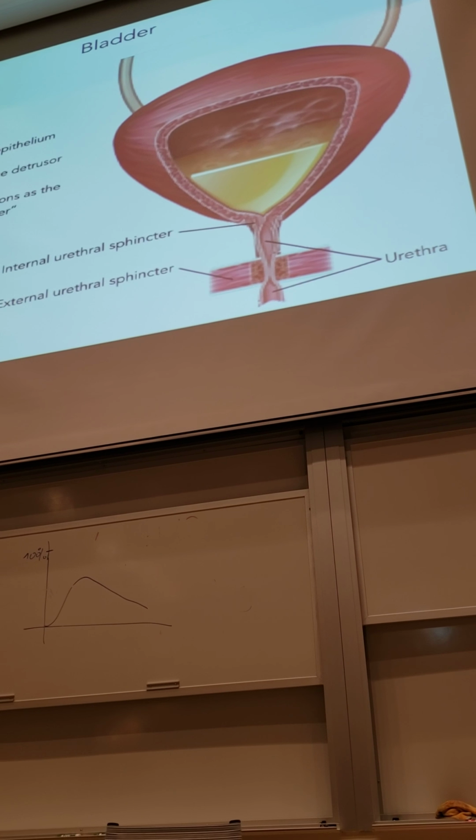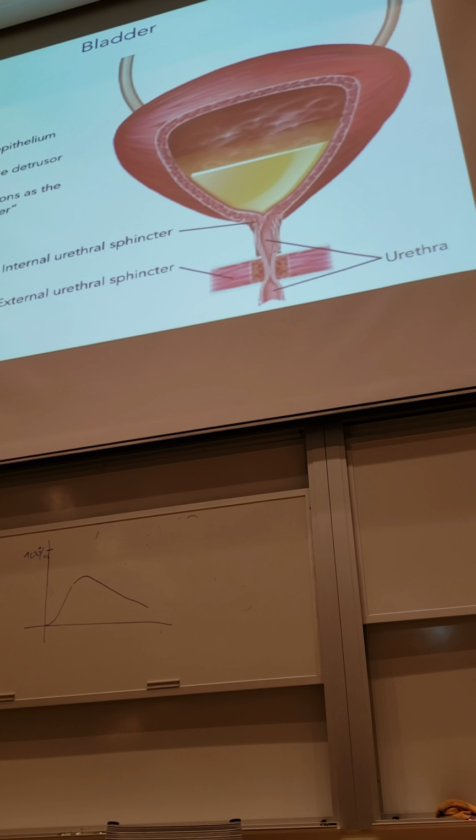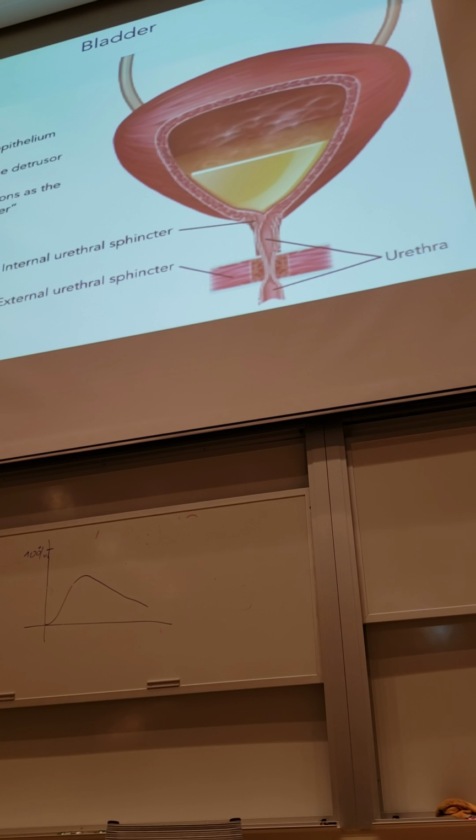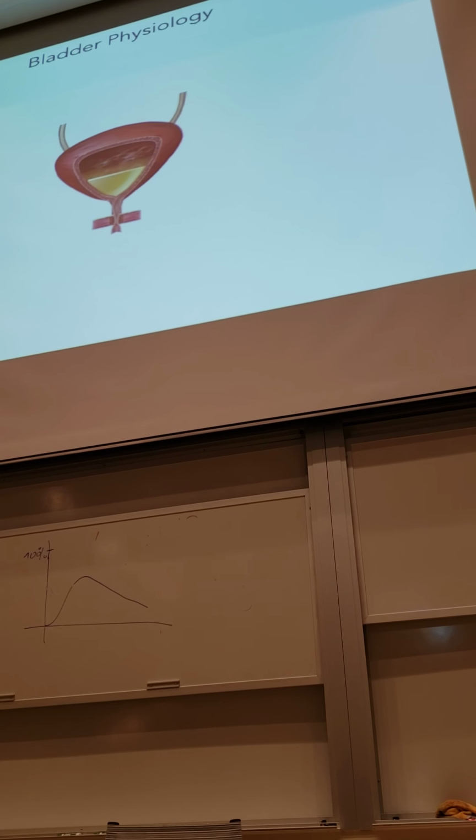The smooth muscle here has a special name. It's called the detrusor muscle.